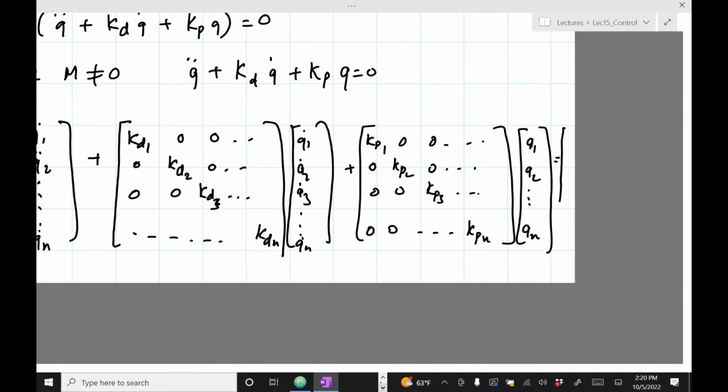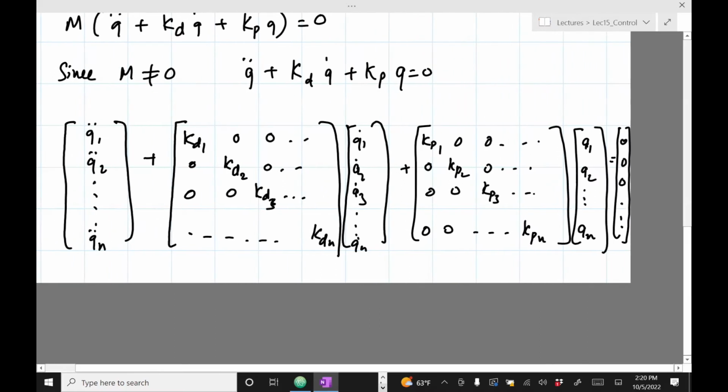And the right hand side is just zeros. Okay, so what we have here is essentially equations which are decoupled, in the sense you can just write n equations, and every single equation is like a spring mass damper equation.